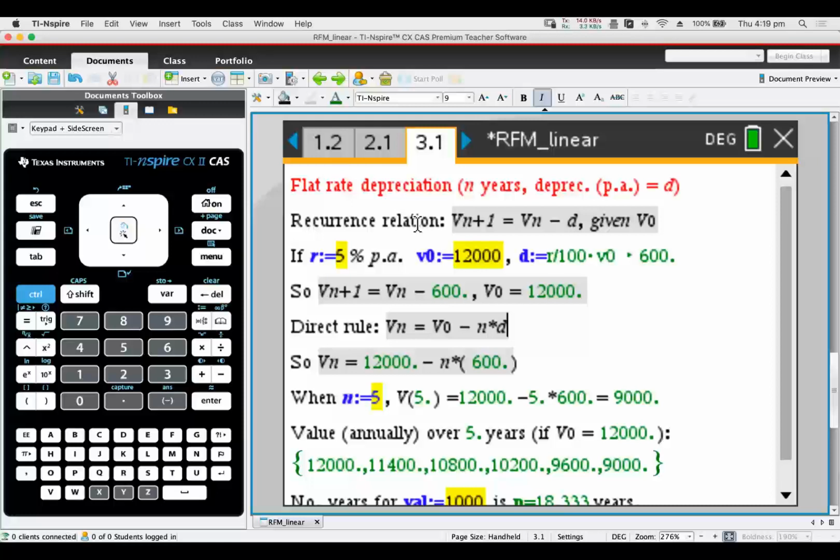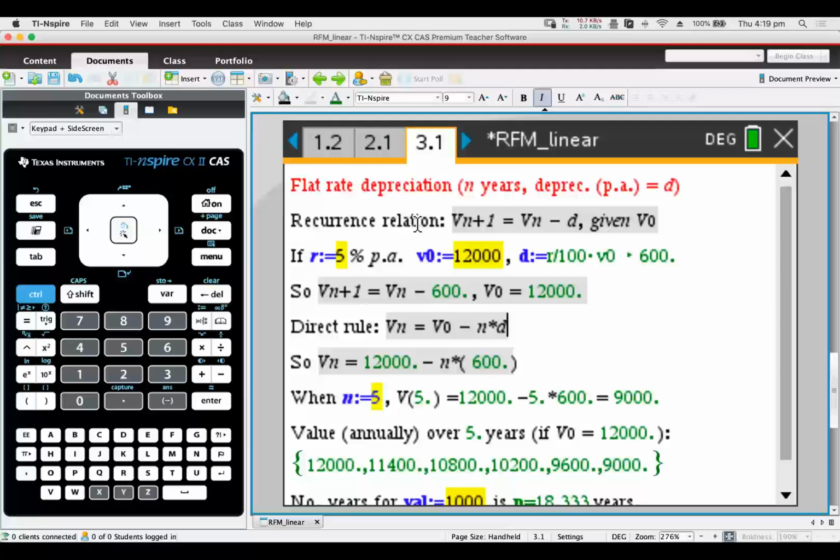There is an associated direct rule which you use for other calculations where you want to know, for example, when it gets to a particular value, or what the value is after 12 years. The direct rule in our case is V of n is 12,000 minus n times 600, so it's dropping by $600 every year.